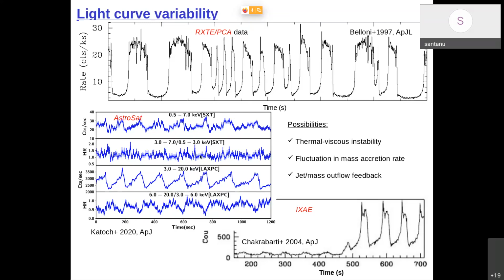LAXPC and SXT both showed this type of oscillation. These oscillations can be due to thermal viscous instability, or fluctuation in the mass accretion rate, or they can be due to jet or mass outflow feedback. So in my study, I will also try to explain these variability features.